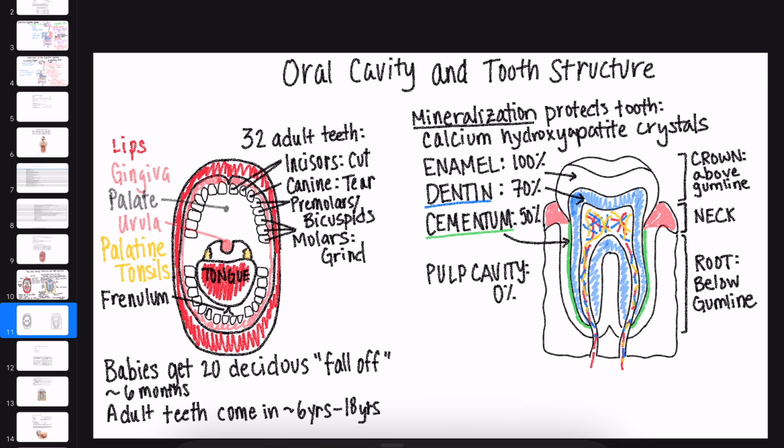It's very soft. And so I can go like this to remind you that this is the pulp cavity, and put an arrow right here to that pulp cavity. So this is where we're going to find the blood vessels and the nerves for the tooth.